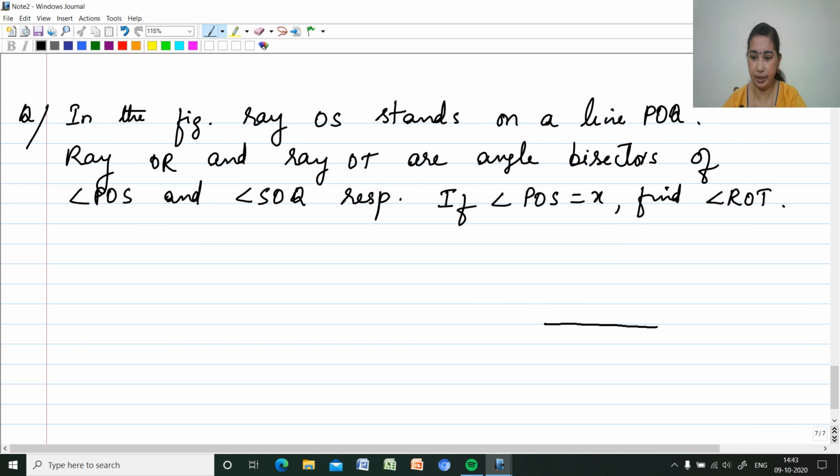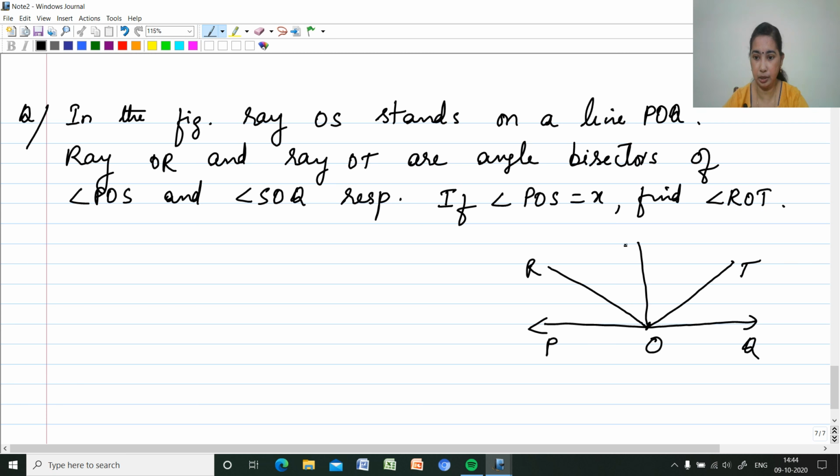So this is a straight line, and here the figure is given like this. This point is P, this is Q, this is O, and this is T. Here it is S, and this is R. Now we will move on to the question.